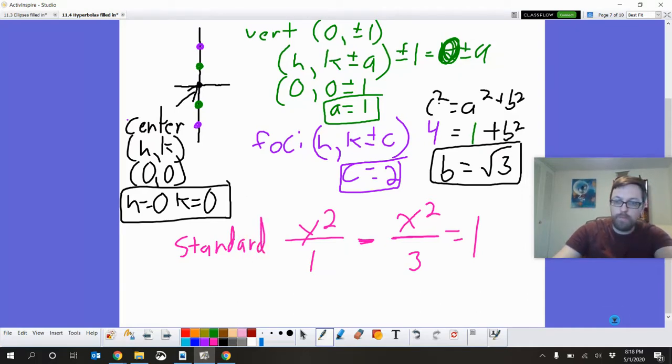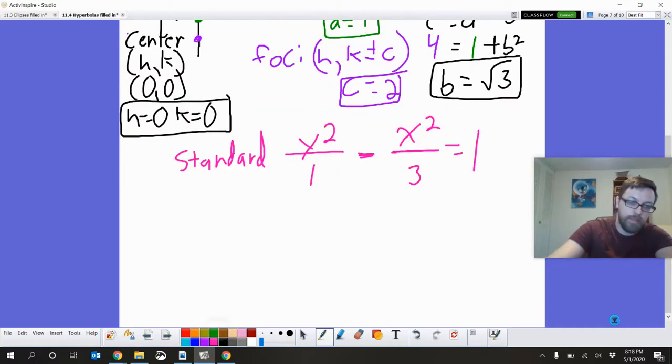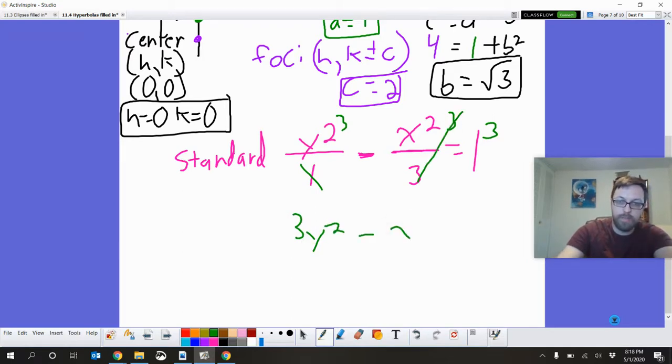To get general form, we got to get rid of those fractions. So one of them's easy. The other one, we just got to multiply everybody by 3. So we get 3y squared minus, these 3's cancel, x squared equals 3. Now our rule for standard form is that we want to make sure that it equals 0. So we'll subtract a 3.